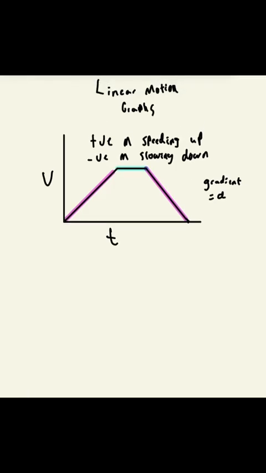There are some more things you need to be familiar with for these graphs. So for this one, we also can calculate the area under the graph. The area under this section here is equal to the displacement, or S. So the area under this velocity time graph is displacement.